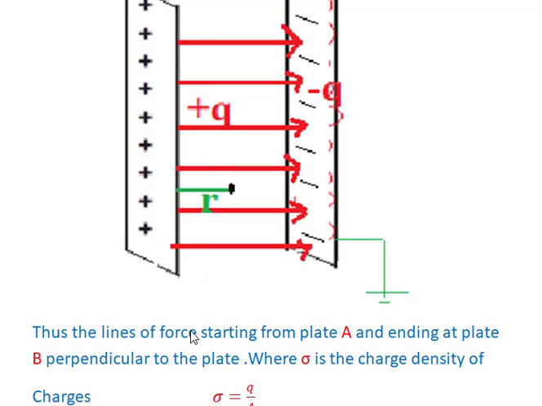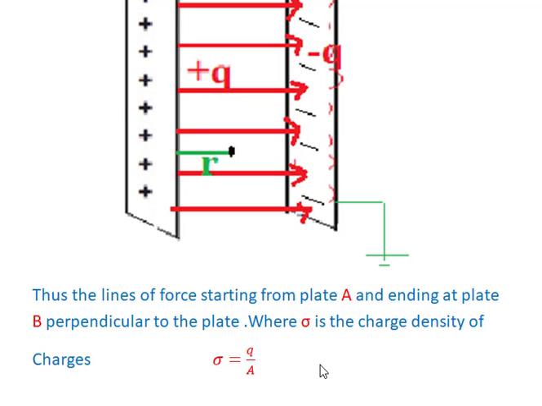The lines of force start from plate A and end at plate B, and they are perpendicular to each plate. Here, sigma. What is sigma? Sigma is the charge density, the amount of charge accumulated in a particular area.